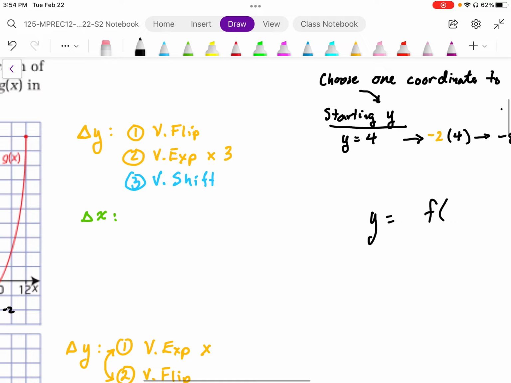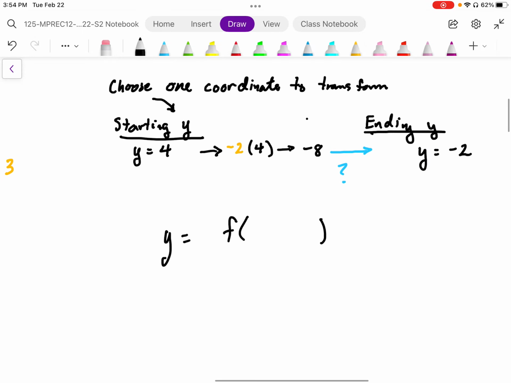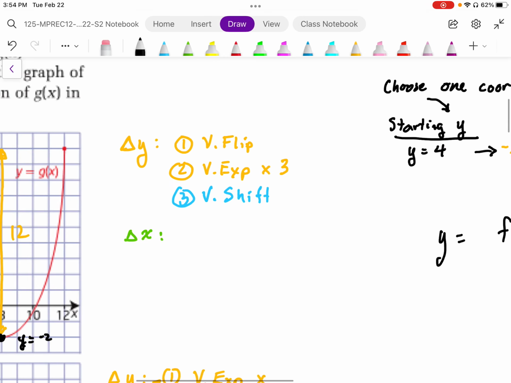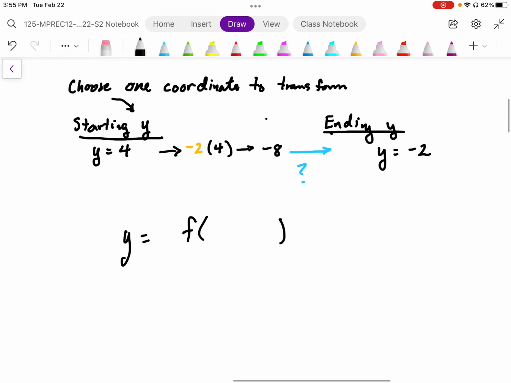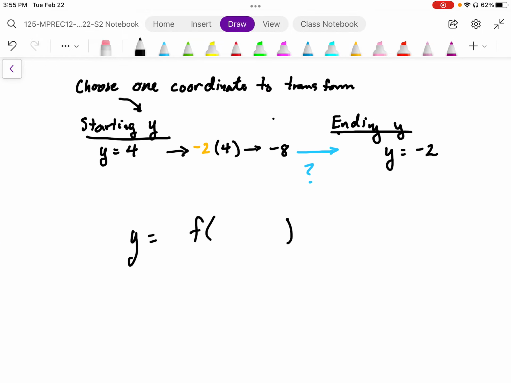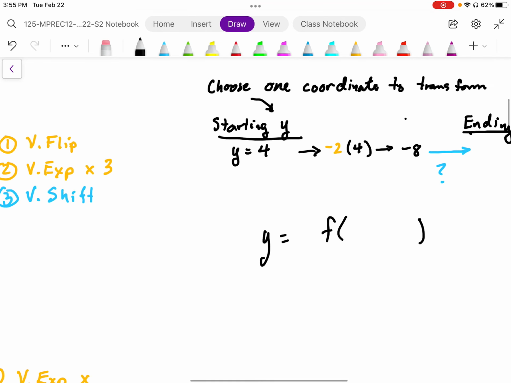So to do this, I'm going to start with one coordinate. I'm just going to choose one point, and I'm going to start with y equals 4. So I'm going to start with this point up there, y equals 4, and I'm going to end at y equals -2. What happened in between? Well, the first thing that happened, and the order that it happened, was flip and expand by 3.